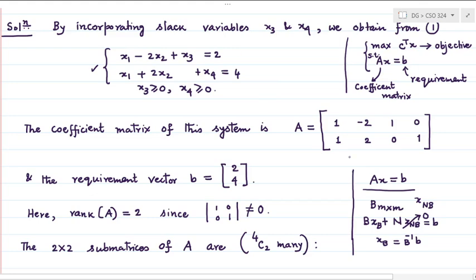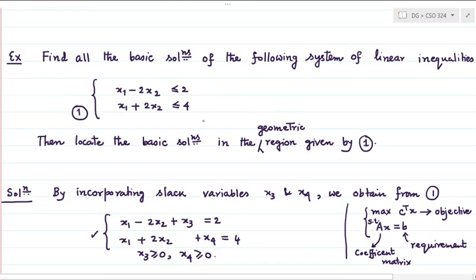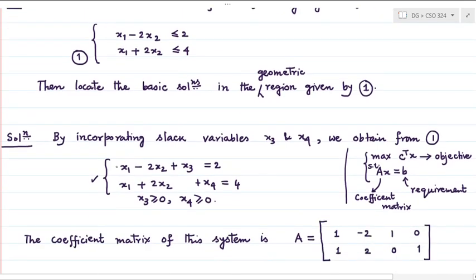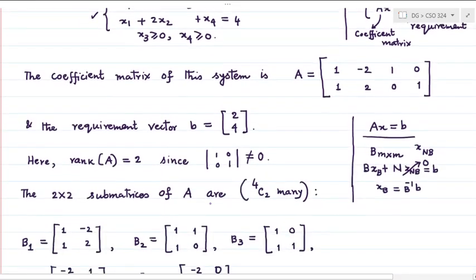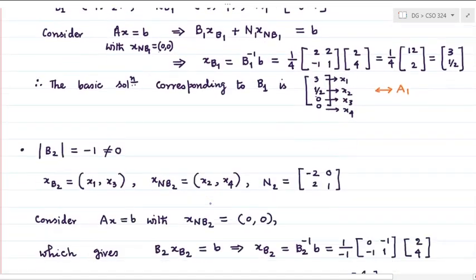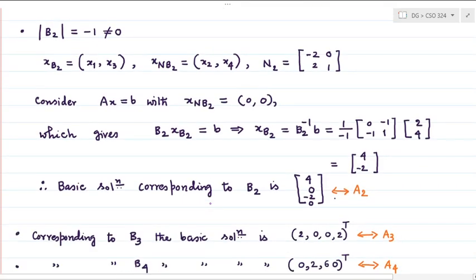We have found basic solutions only for Ax equals b, not for the entire system 1. We discarded the conditions x3 and x4 greater than or equal to 0, and did not take them into account while calculating the basic solutions. So wherever x3 and x4 are not greater than or equal to 0, those solutions are to be discarded.